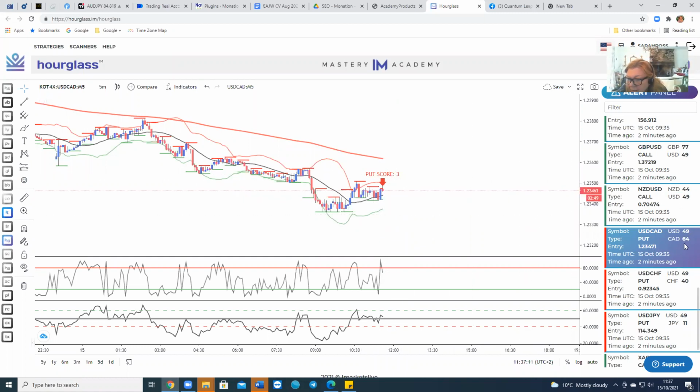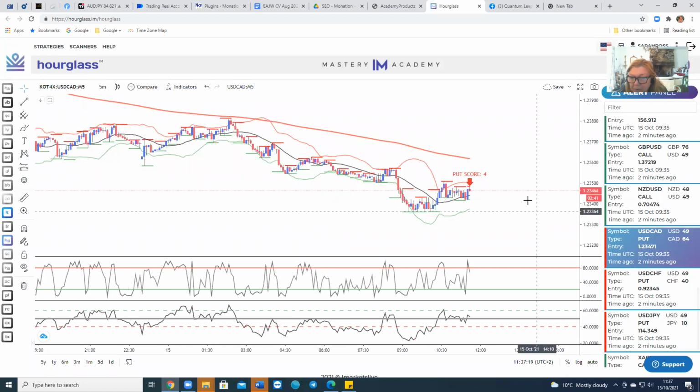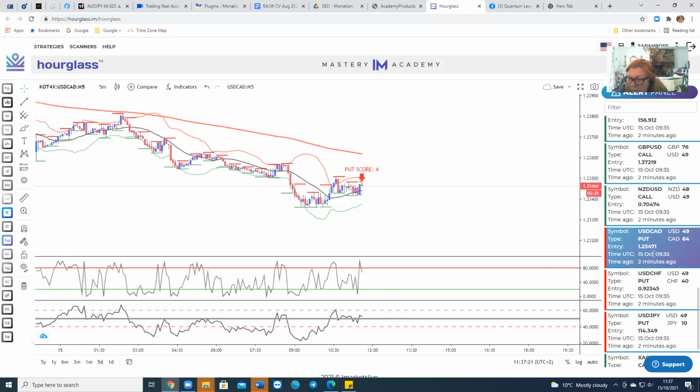So 49 to 64 US dollar, we should be taking puts. Called at 471. Oh, sorry, this is a new one. It's given us another put 2 minutes ago. Is that right? Lost track. Doesn't really matter. 471, 463. It is moving down. I've got the red moving average.